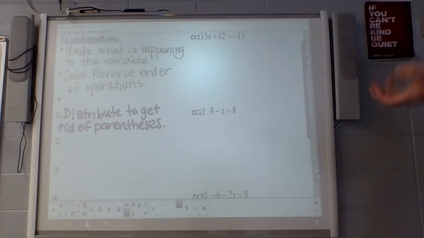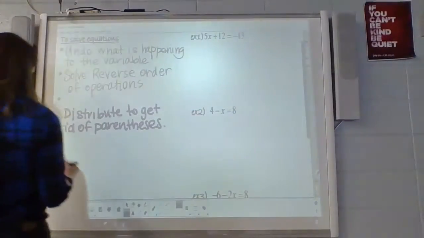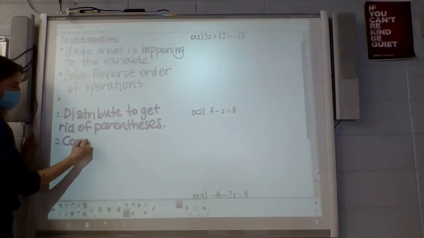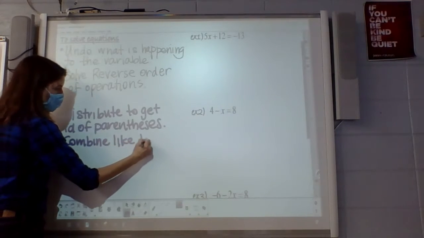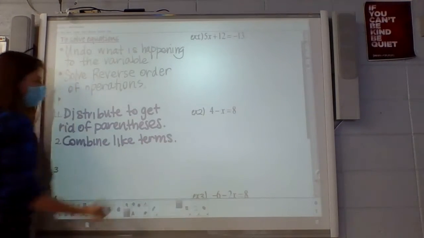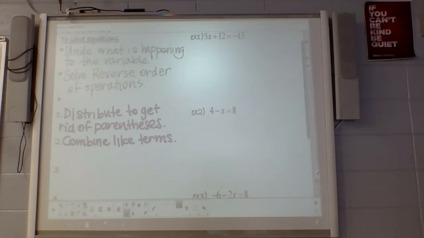So this step's not going to apply today, but it'll apply soon. Again, just like we did on our test, once I distribute, then I combine like terms. We probably won't have many like terms to combine. So these two steps we don't need quite yet, but that's typically what you'll do when they're more complex problems.